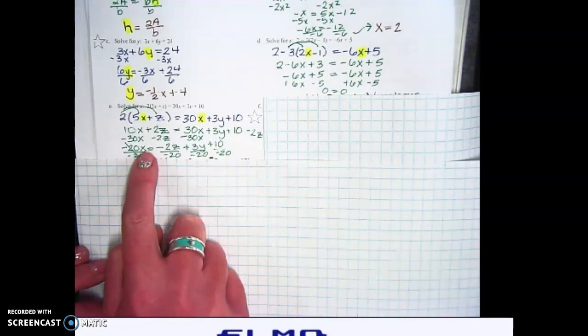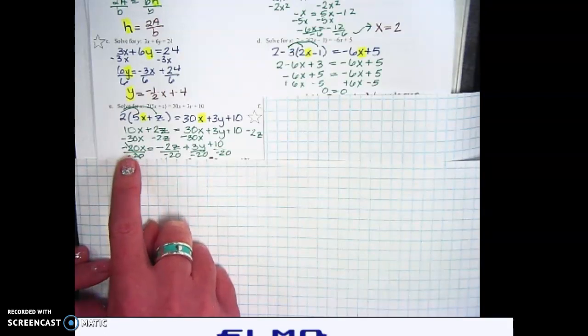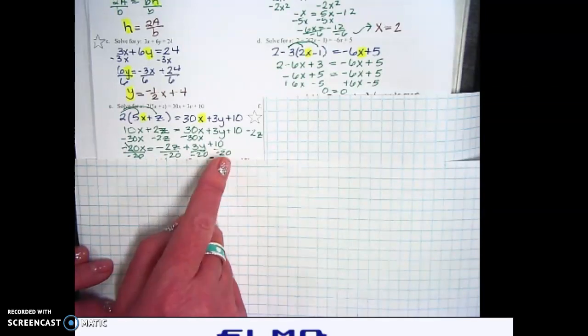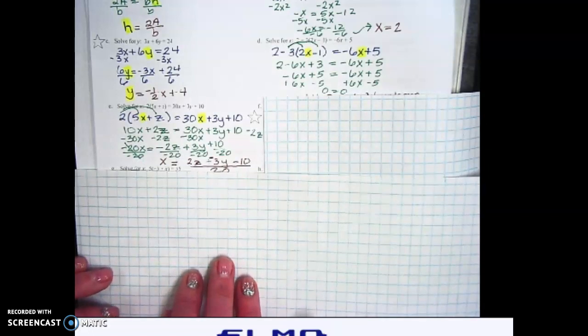And I almost have the x by itself, except for it's being multiplied by negative 20. So the inverse operation of multiplying by negative 20 is to divide by negative 20. So I divide everything by negative 20. These cancel, and I'm down to just my x.